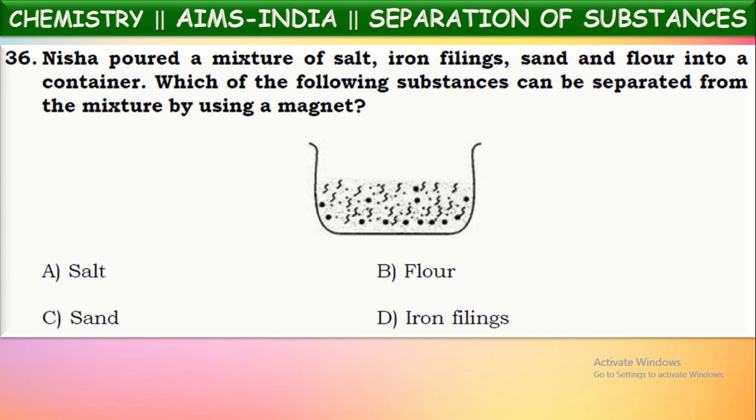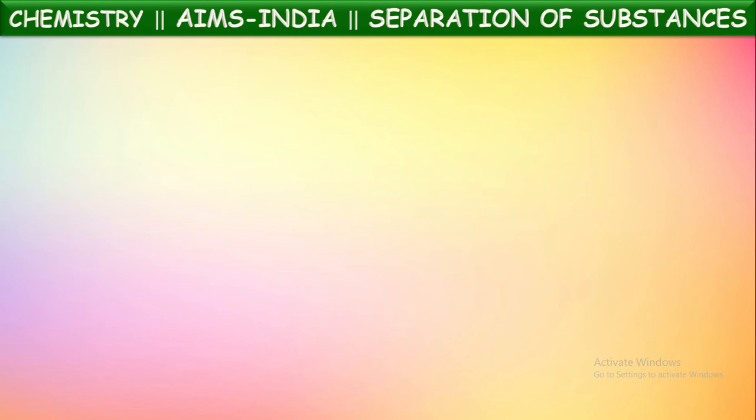Yes, we know iron fillings are magnetic in nature, isn't it? Because they will be attracted by the magnet. They will stick to the magnet. Now, if you use a magnet, all the iron fillings will be separated. So, iron fillings is the correct answer. Got it? Next one.